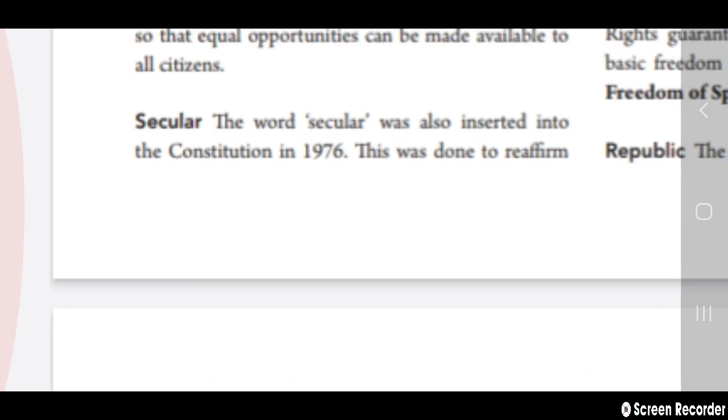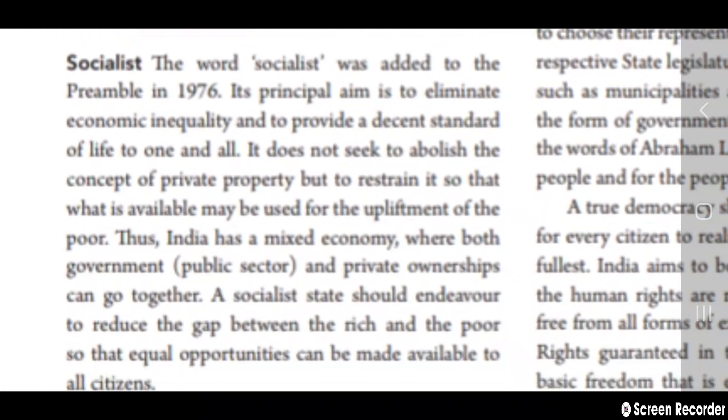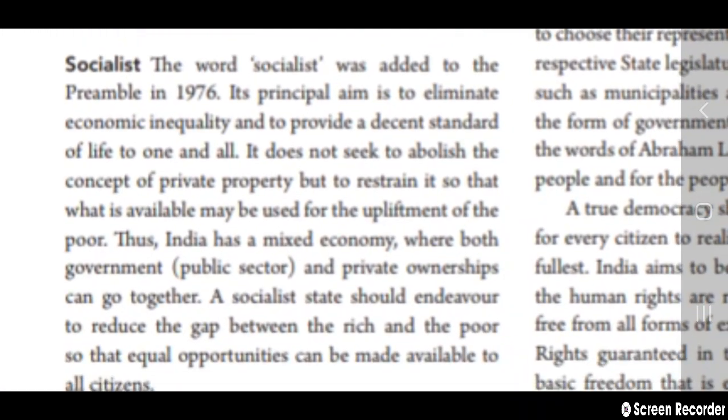Next is socialist. The word socialist was added to the preamble in 1976. Its principal aim is to eliminate economic inequity and to provide a decent standard of life for one and all.